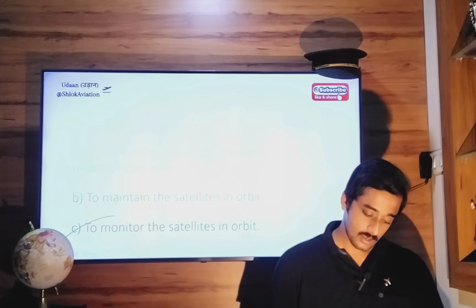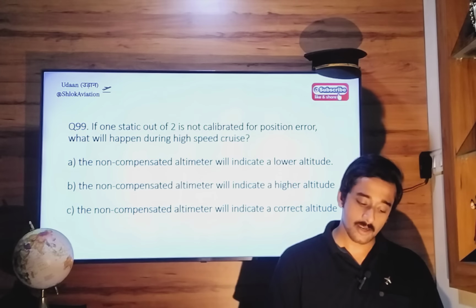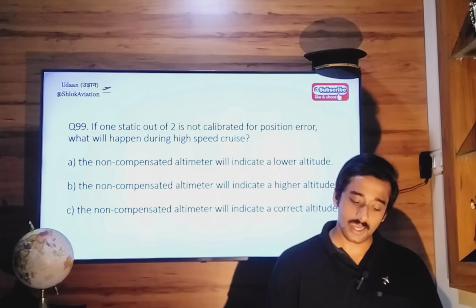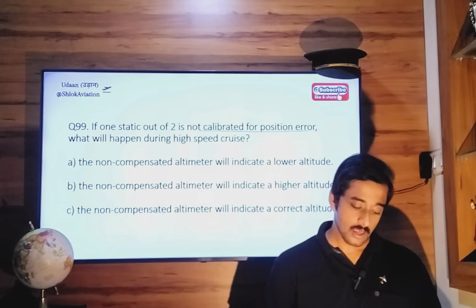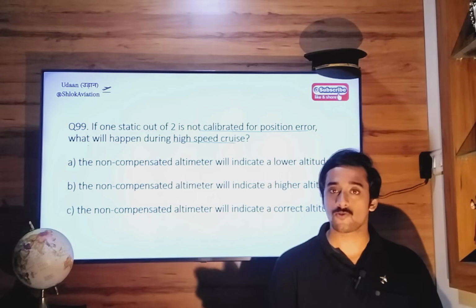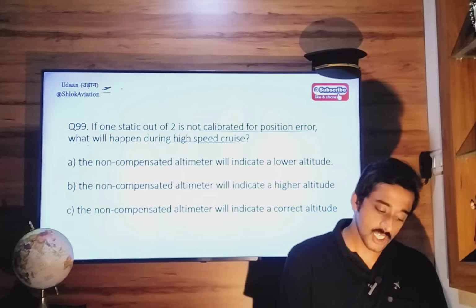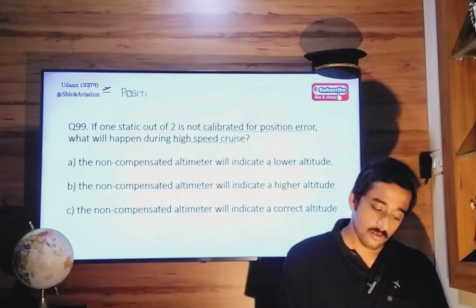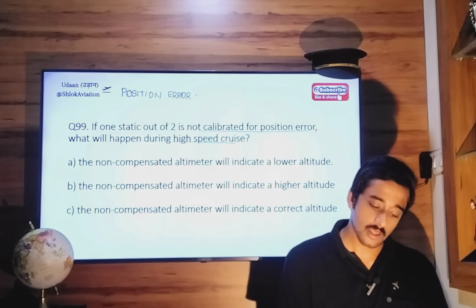99. If one static port out of two is not calibrated for position error, what will happen during high speed cruise flight? So remember, a position error will always result in your altimeter under read.